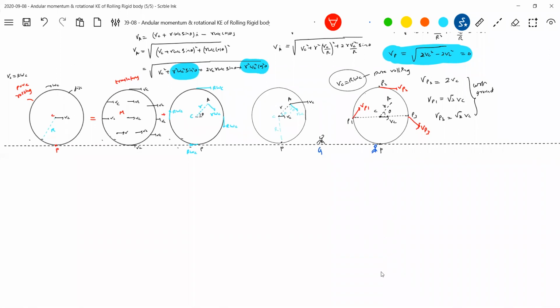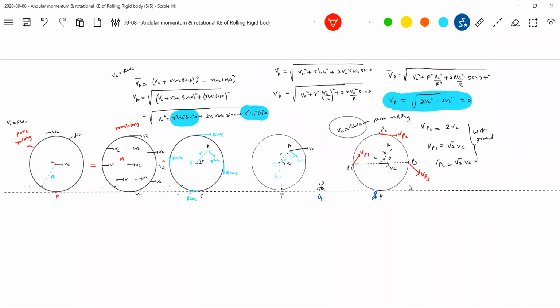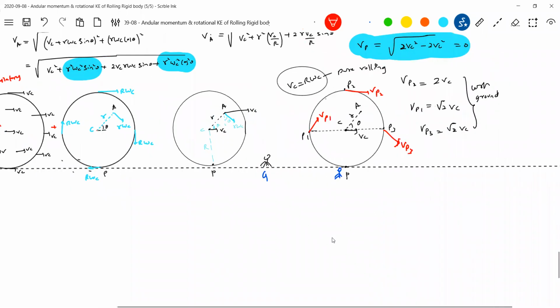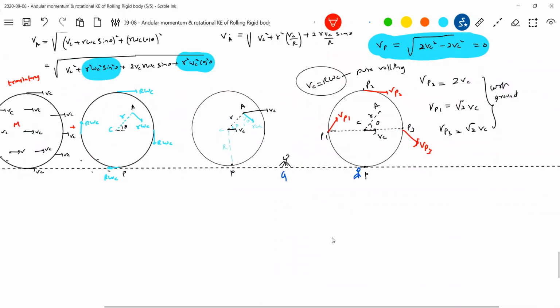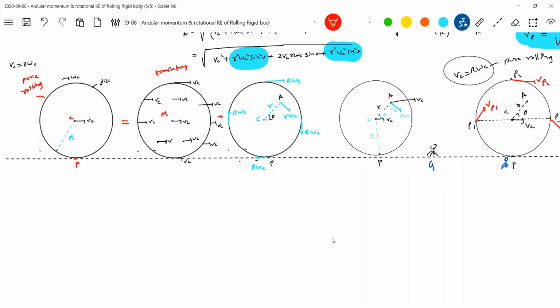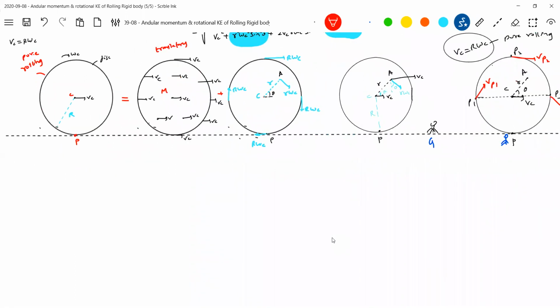Shall I scroll down? The total numerical discussion is like this. What all we did, I'll scroll down. I think for this diagram only, let me take help of these diagrams only.